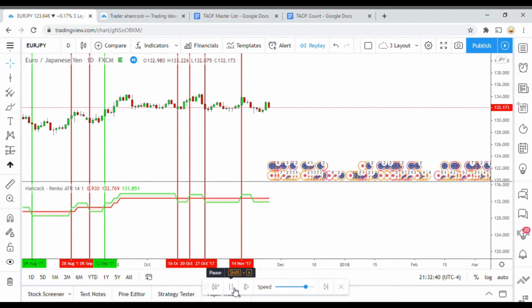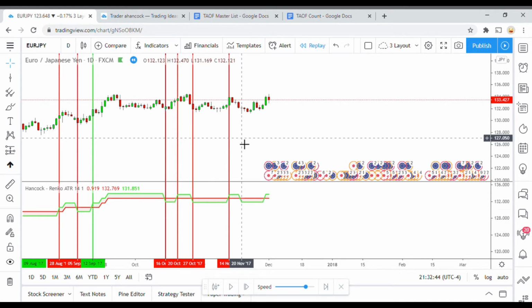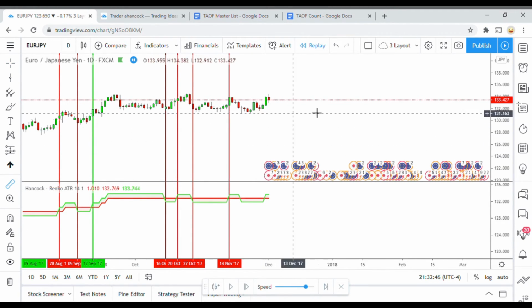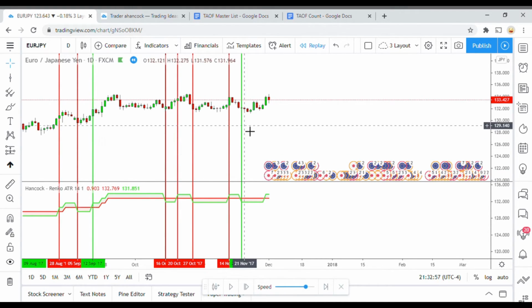There's a short. Let's see if it can finally make the push downwards. Nope. It could not. But that barely got us to take profit.